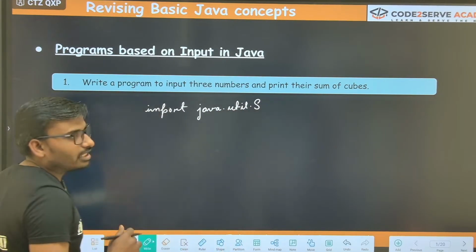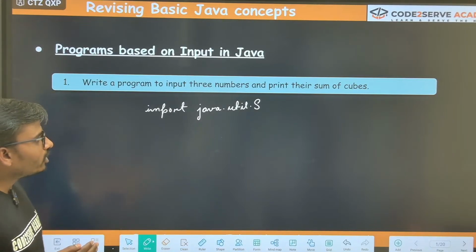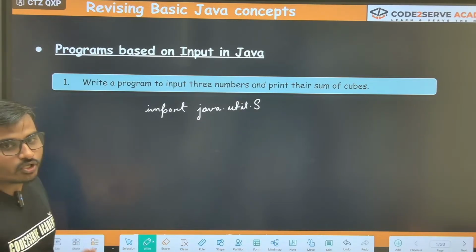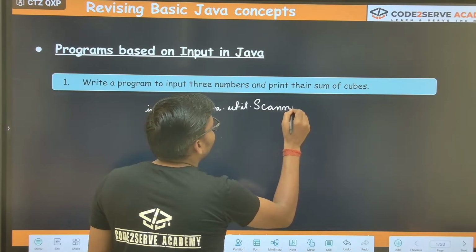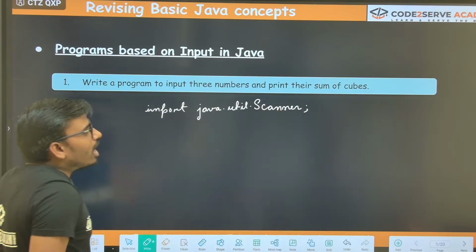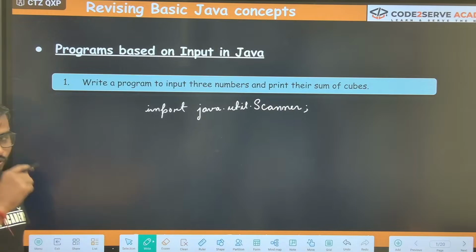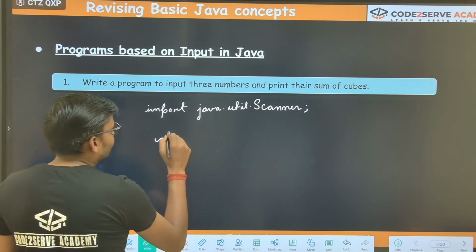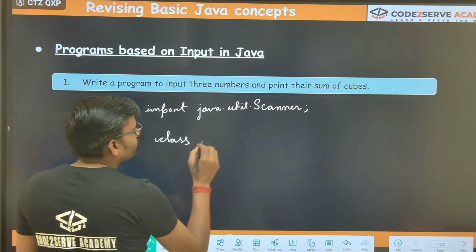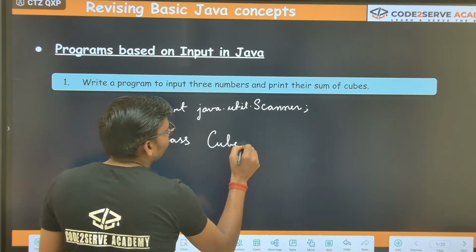This one is a capital S, so you have to write import java dot util dot Scanner. All right, so after importing, you can now give the name of the class. So let's quickly give the class name, class Cube.